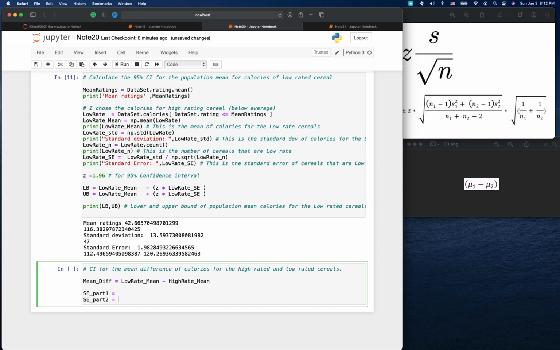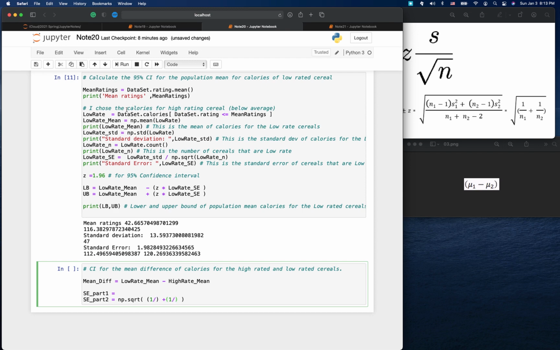The part 2 is very easy. I'm going to use np.sqrt and two parentheses. This one will be 1 divided by the sample size for the first group, plus 1 divided by the sample size for the second group.